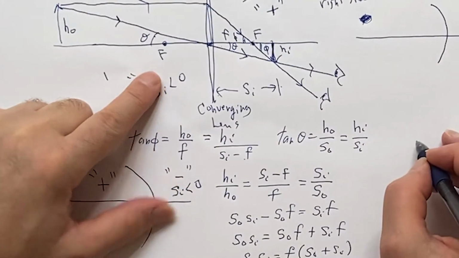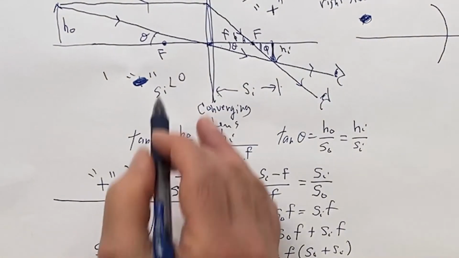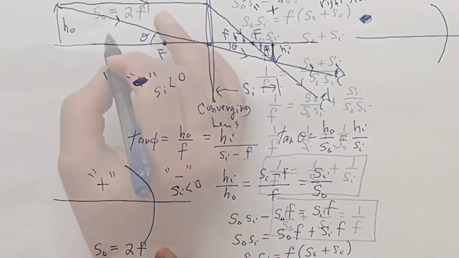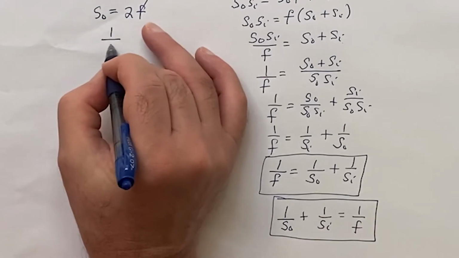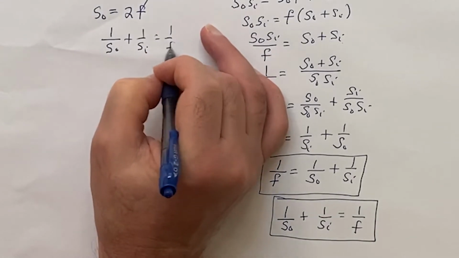For example, let's say SO is 2 times F. We're going to do the case which I claim are supposed to be the same height. Then you'd have 1 over SO plus 1 over SI is 1 over F, your master formula.